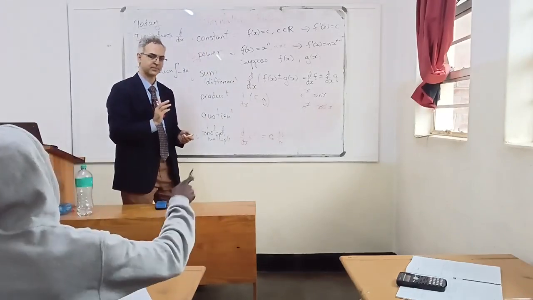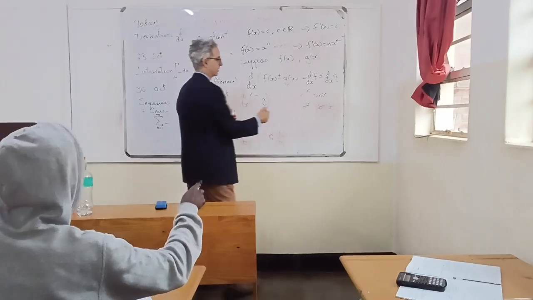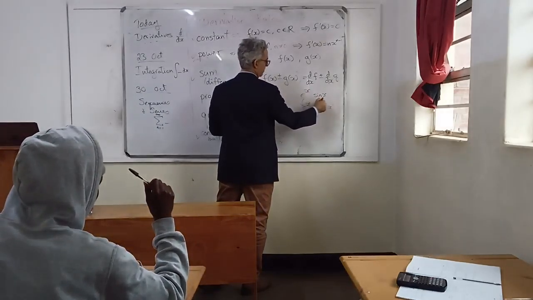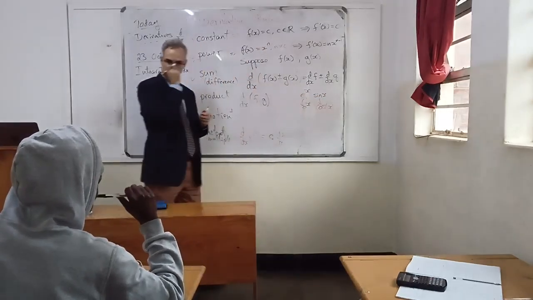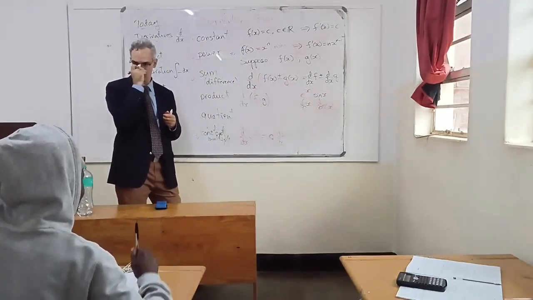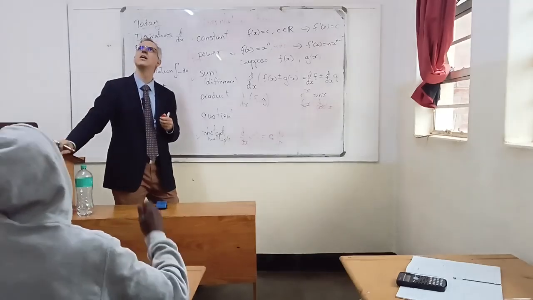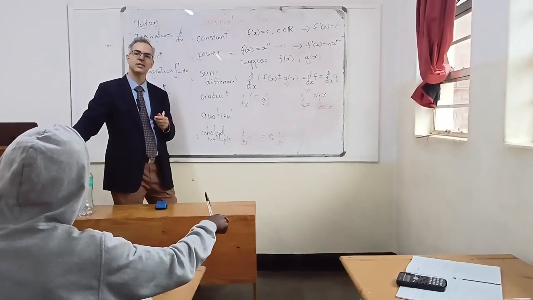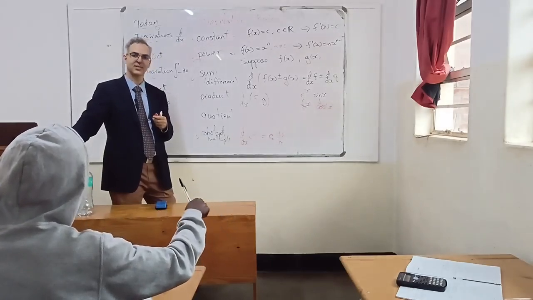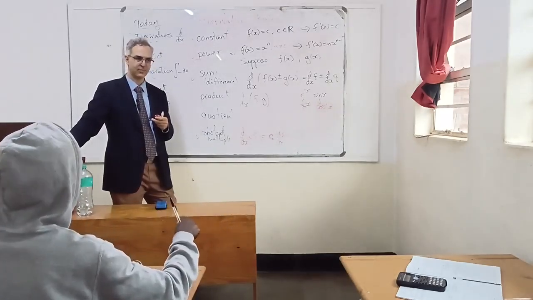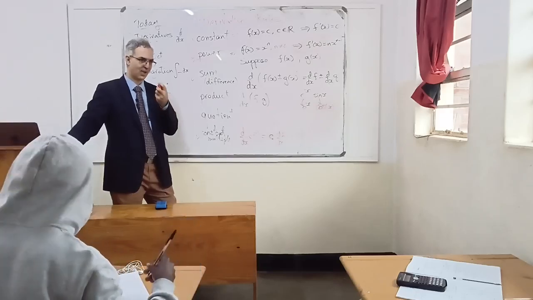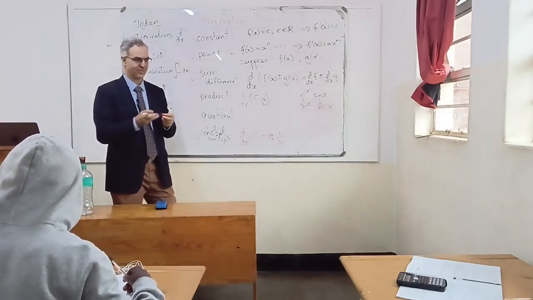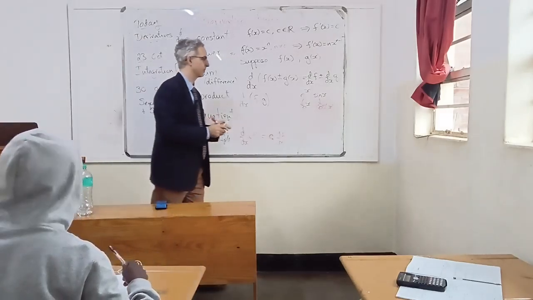So the derivative of sine of x is cosine. So this is the derivative of this. This is the derivative of this. Actually, it's e power x. So the derivative of e power x is e power x. The derivative of e to the power x is e to the power x. Is its own derivative.